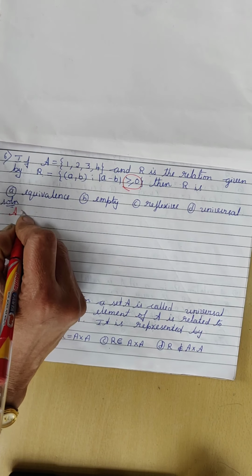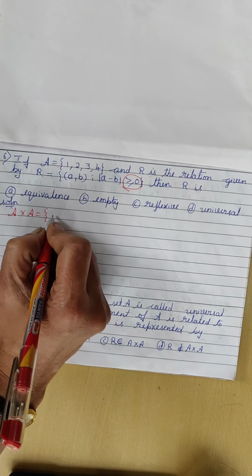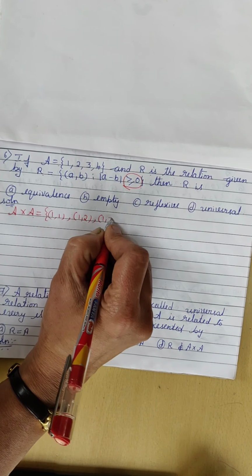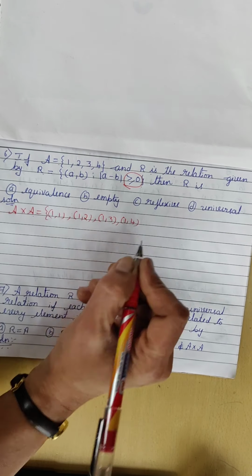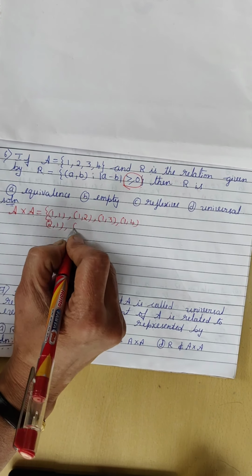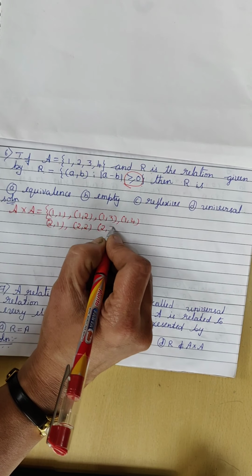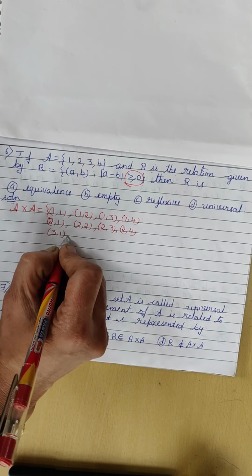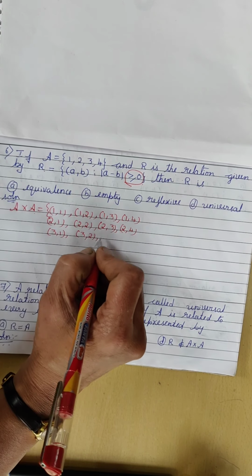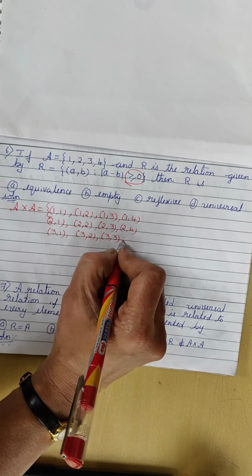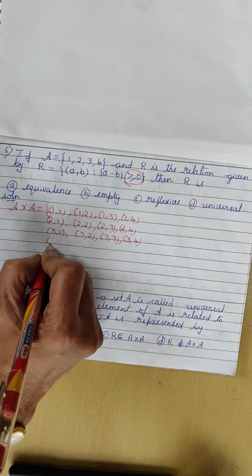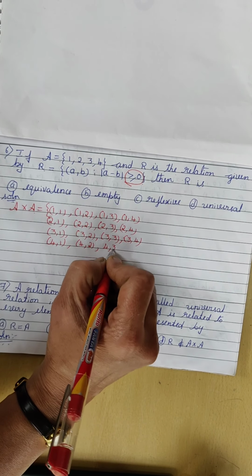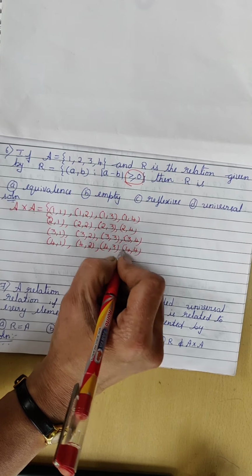Let us first find out A cross A, that is equal to (1,1), (1,2), (1,3), (1,4), (2,1), (2,2), (2,3), (2,4), (3,1), (3,2), (3,3), (3,4), (4,1), (4,2), (4,3), (4,4).